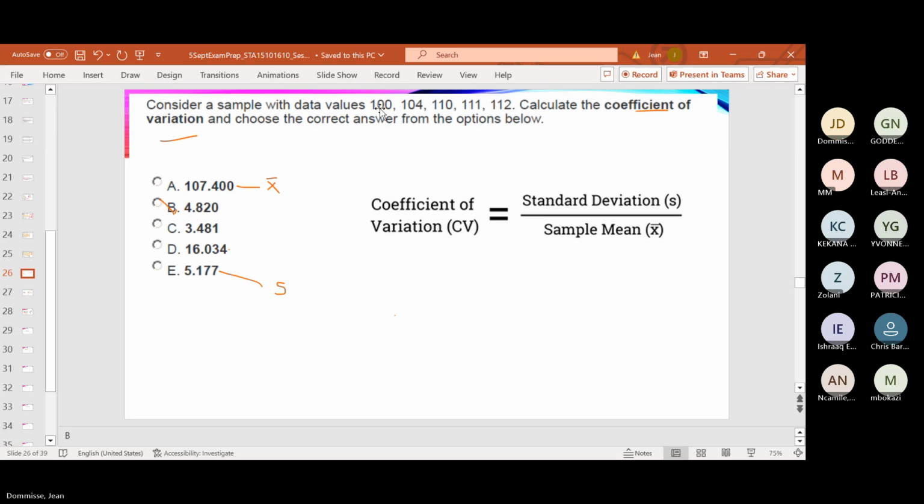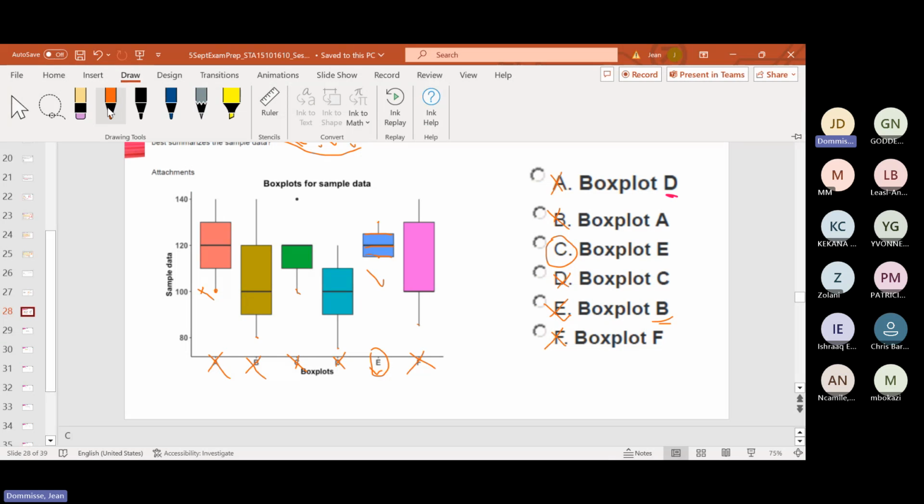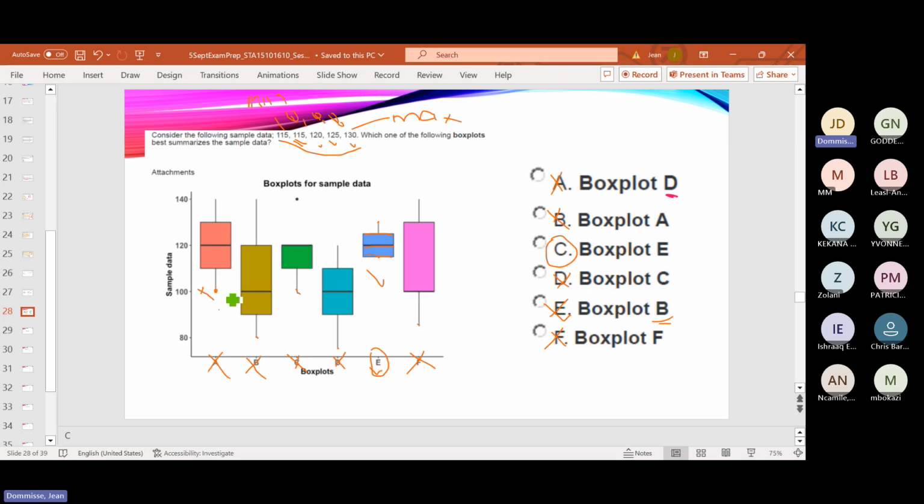So let's look at a minimum where it was 100 and maximum 120. Let's just quickly check if there was one. Minimum 100. So here was a minimum 100.